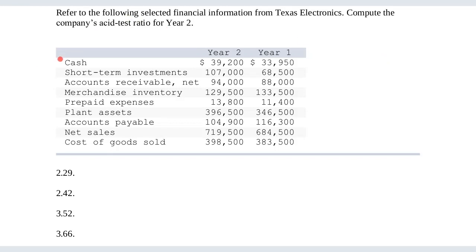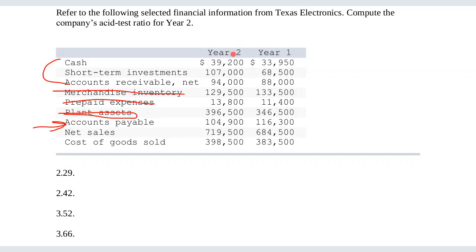So cash, I would include short-term investments and receivables, okay? But I will not include the inventory and the prepaid expenses. And then of course, again, we divide it by the only liability that we have.